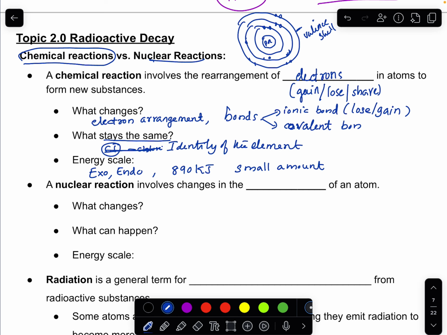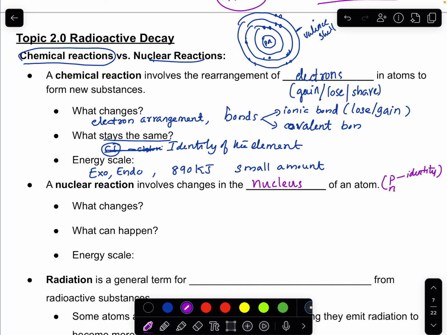So a nuclear reaction involves a change in the nucleus of an atom. We know that the nucleus contains protons and neutrons. Protons carry the identity of an atom.